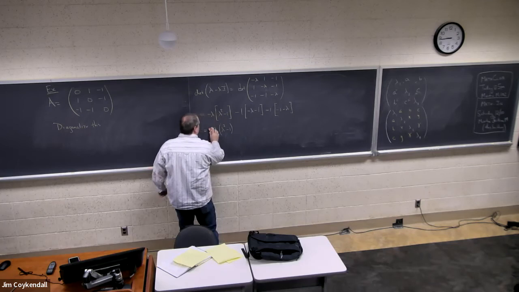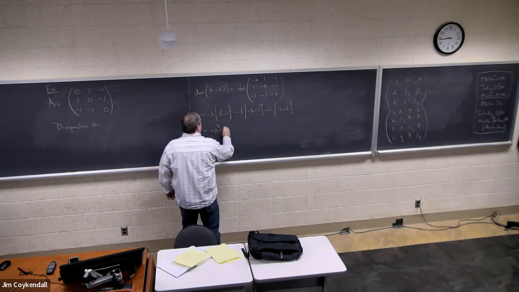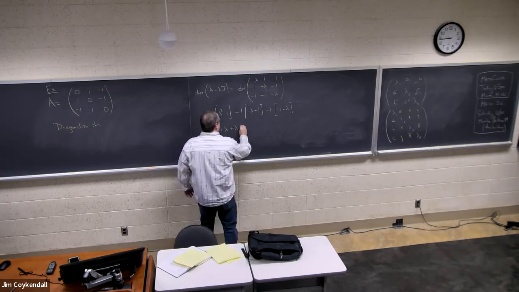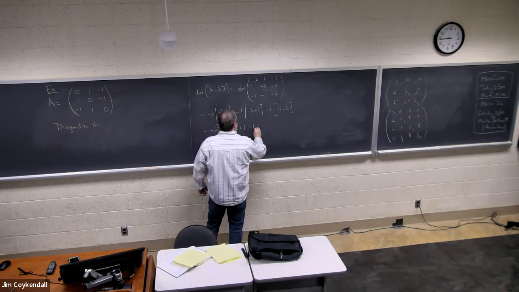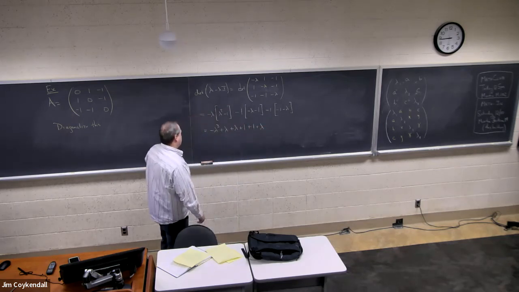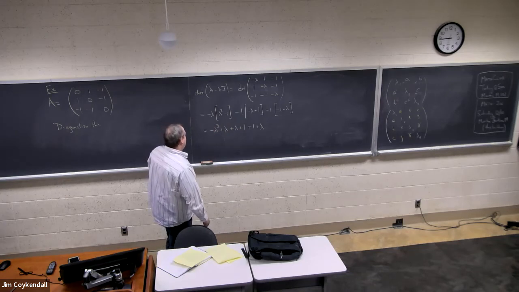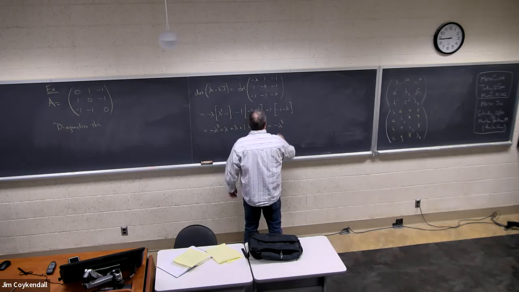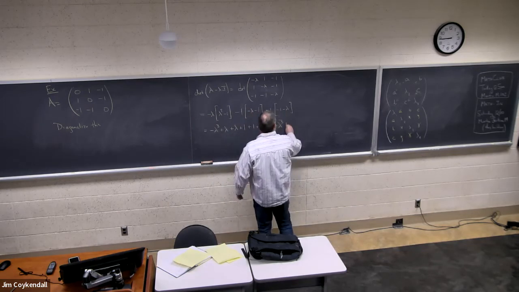Well, it's minus lambda cubed plus lambda, plus lambda plus 1, plus 1 plus lambda. And this becomes minus lambda cubed.